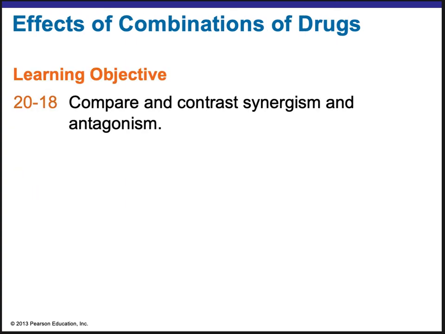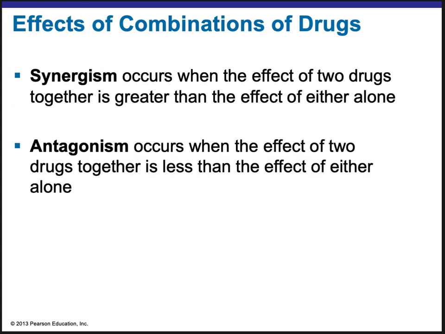All right, now sometimes we can combine drugs and get a better outcome, and other times if you combine drugs it has a worse outcome. So synergism is the term for 2 drugs that you can take and have a greater effect than either one alone. So you might say, why not just have a bigger concentration of drug A? Well, maybe having a larger concentration of drug A starts to produce negative side effects.